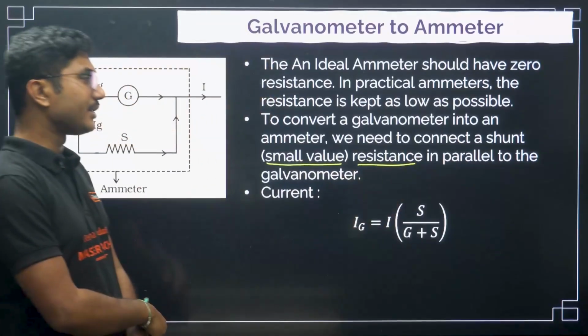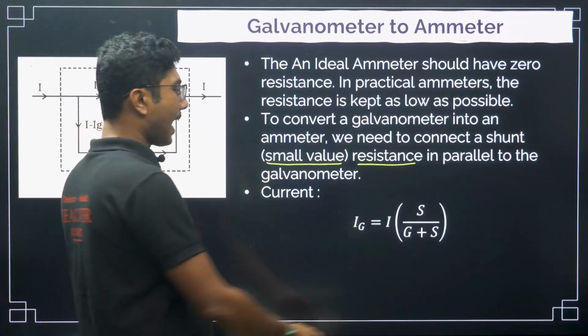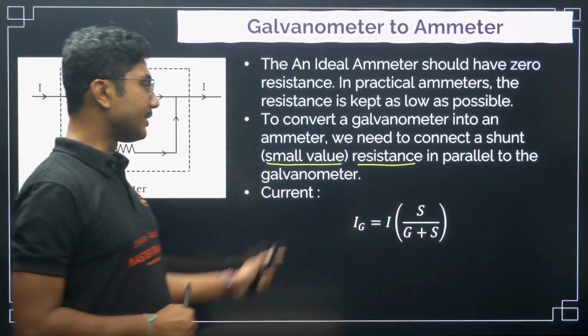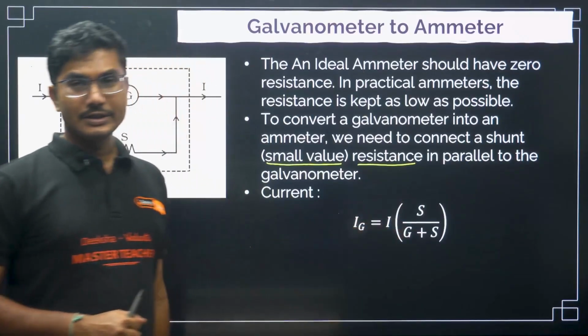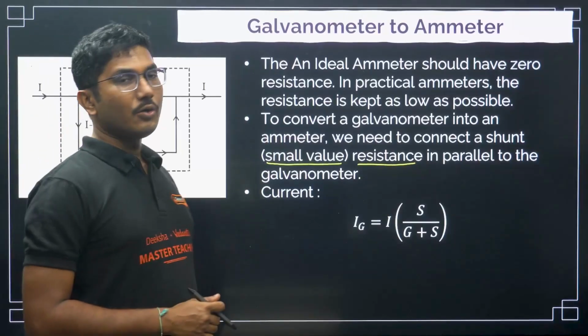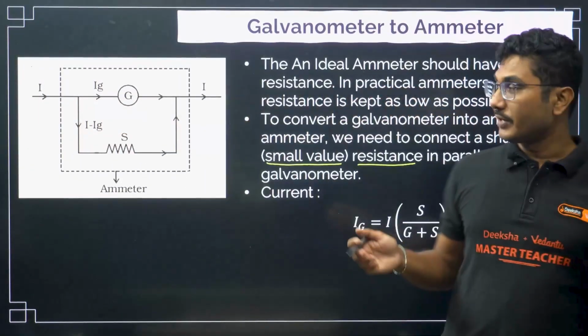We connect a shunt resistance in parallel to the galvanometer, and the current in the galvanometer can be calculated using this formula: Ig equals I into S divided by G plus S. This formula sometimes comes handy. You can use series and parallel combination concepts as well.